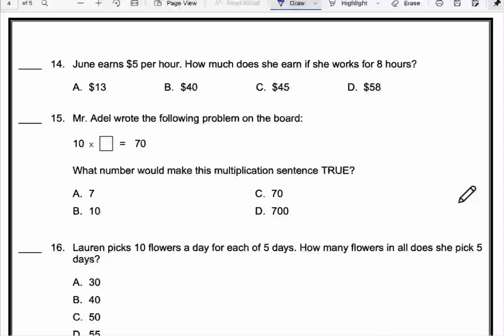Her pay is $5 per hour. How much does she earn if she works for 8 hours? 40. Can you explain?